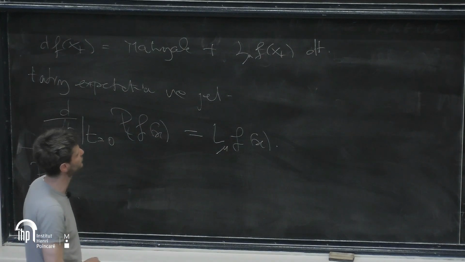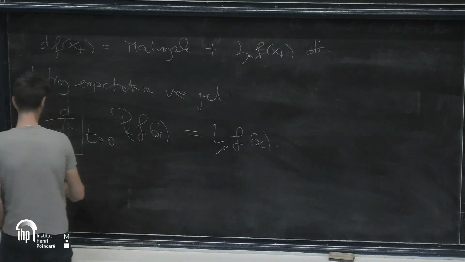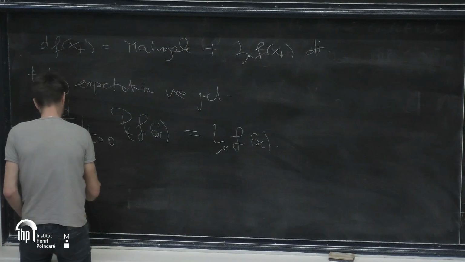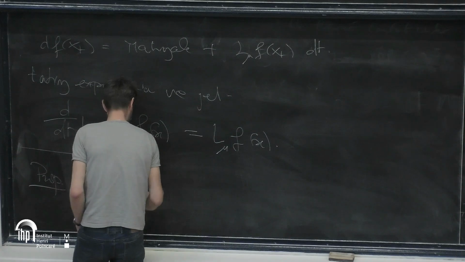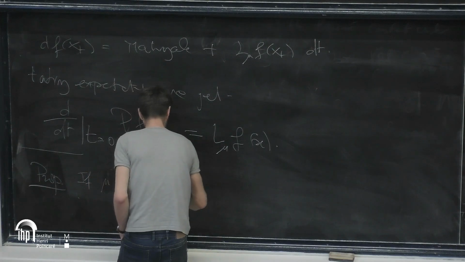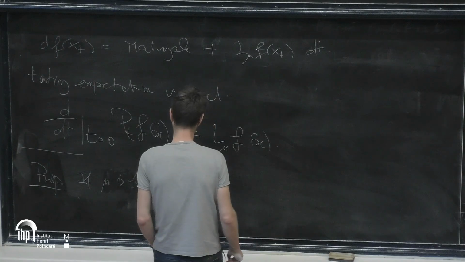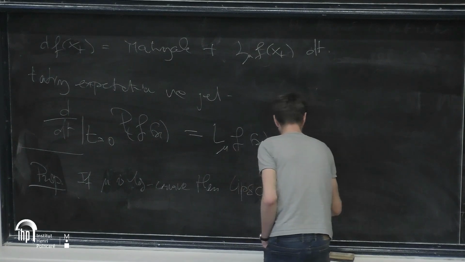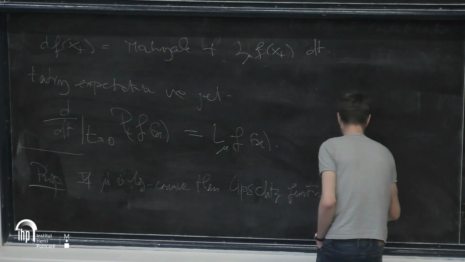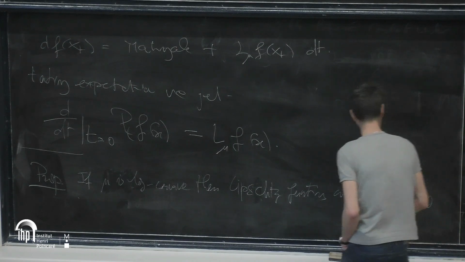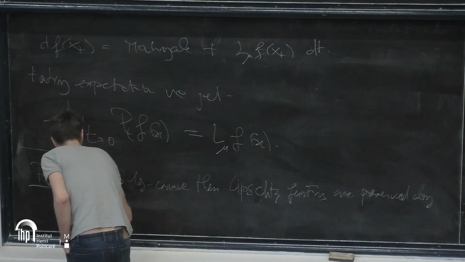So far I didn't assume mu to be log concave. So let's assume some concavity, log concavity for mu, which amounts to convexity for the potential V. And you can write it this way: if mu is log concave, then Lipschitz functions are preserved along the semigroup.